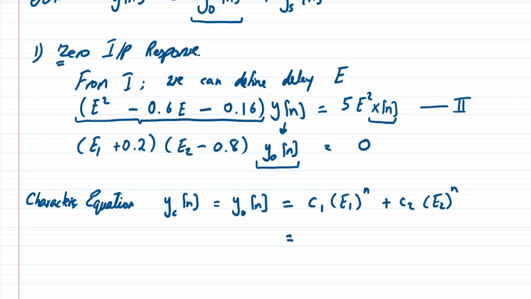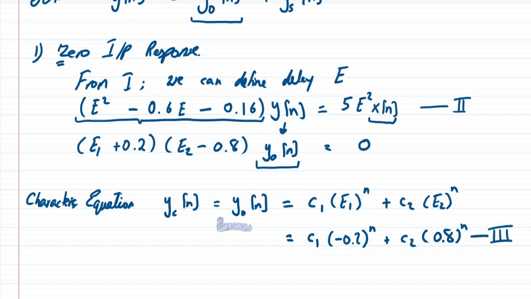Plugging in the values of these roots, we have E1 as minus 0.2 and E2 as 0.8 to the power n. Say this is our expression number 3.